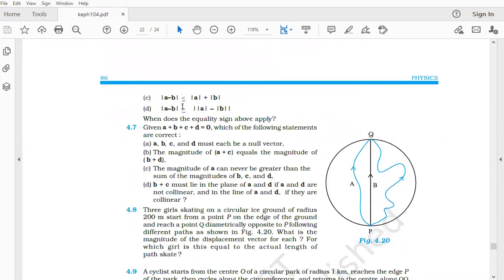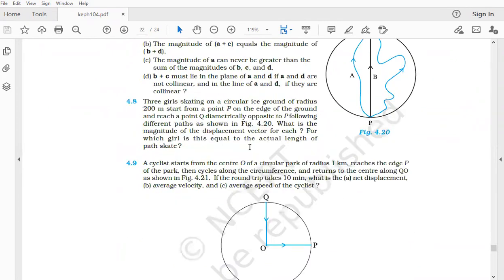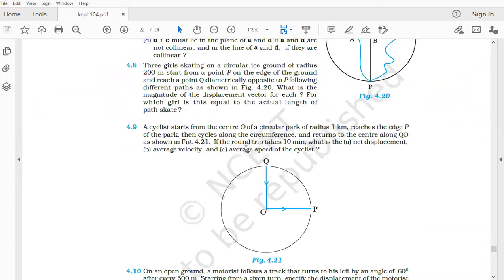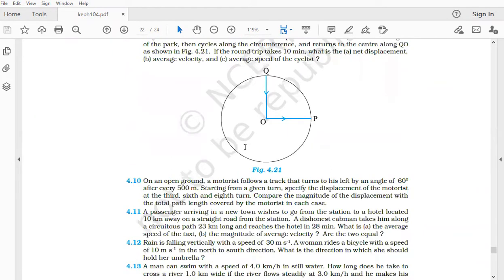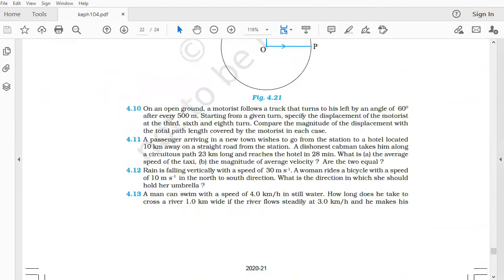So this vector problem, we'll come back to it. Let's take some easy ones first. Let's take a look at 4.10, the medium one.